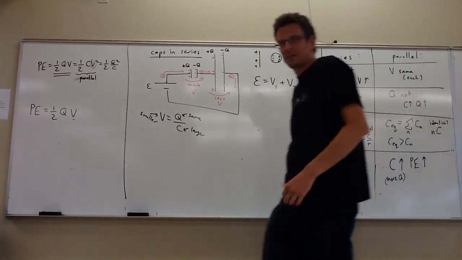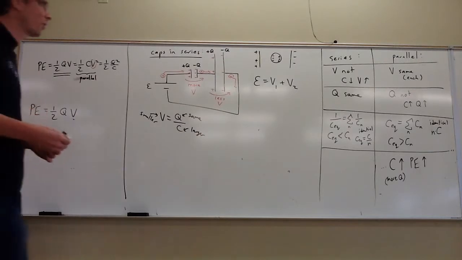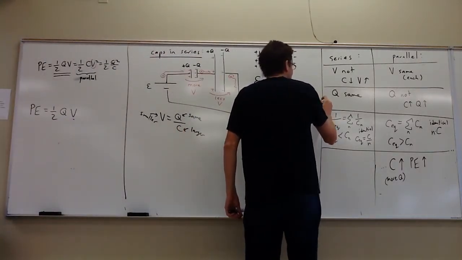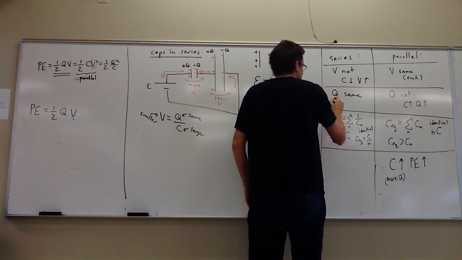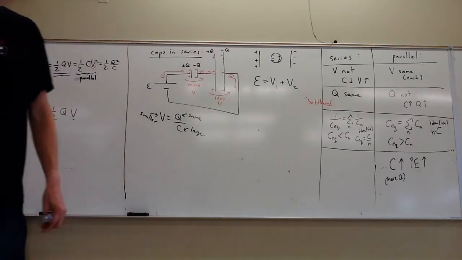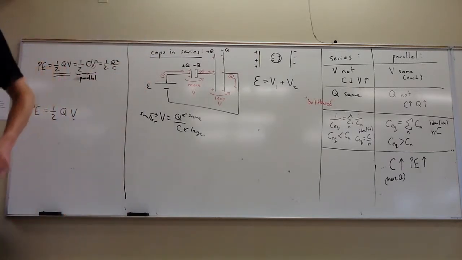So the bottlenecks in this case are the small capacitors. I used this terminology before for the series circuit, because in a series circuit everything has to be in the chain.